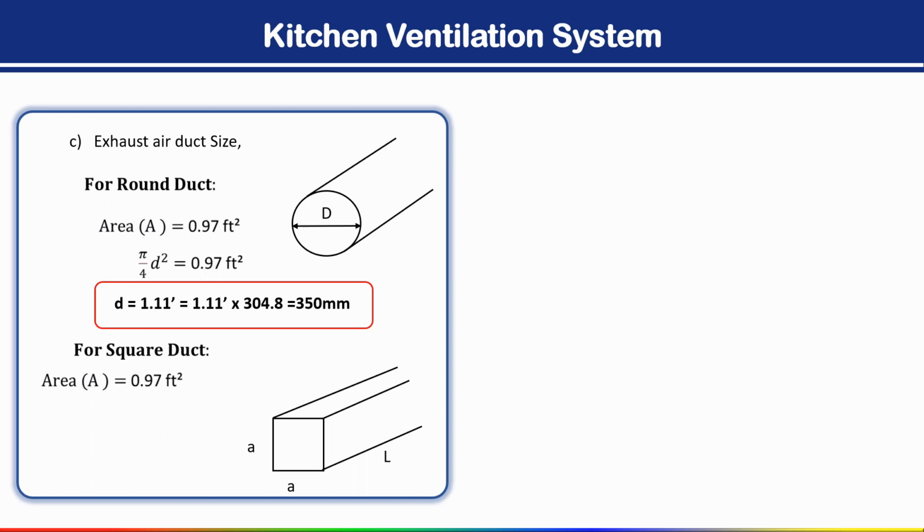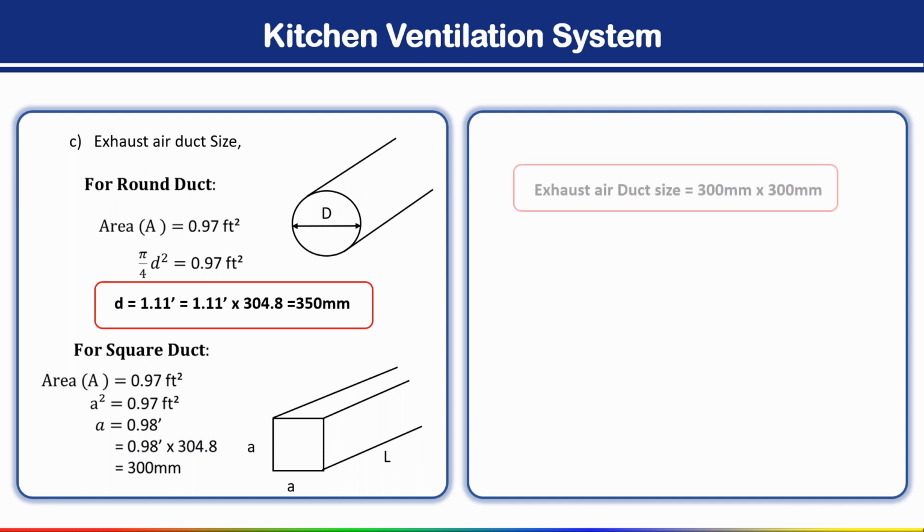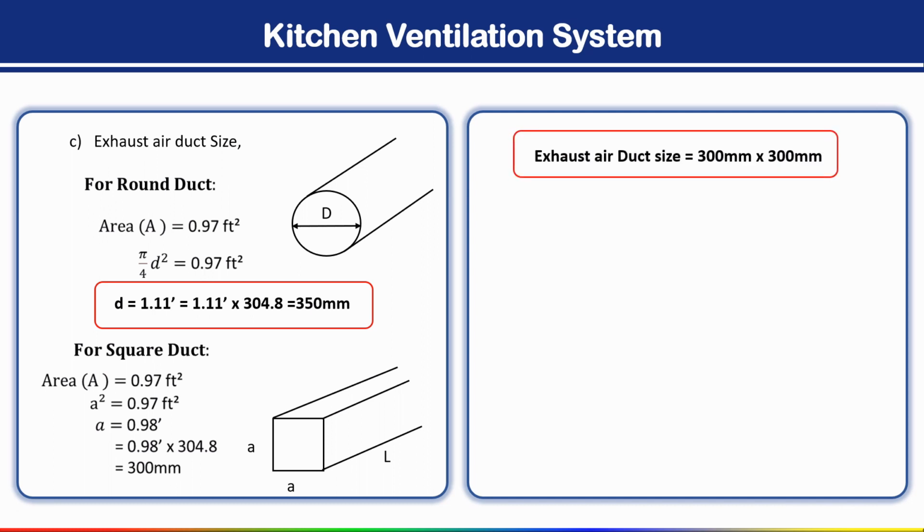Now tell me, what is the area of a square? a square. So finally you will get the small a value 300 mm. Now the exhaust duct size for a square duct is 300 mm into 300 mm. In this way we find the duct size.